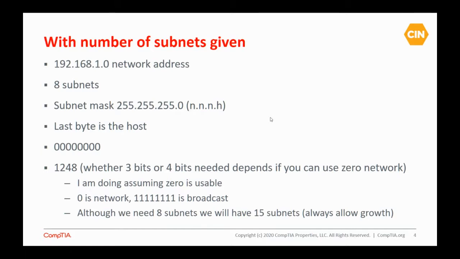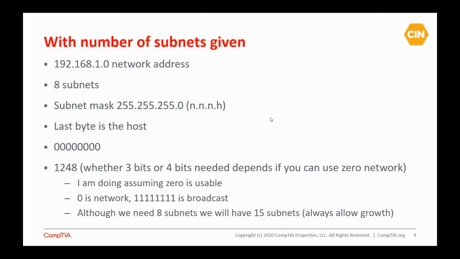Okay, and one of the factors that will come into play is whether you can use the zero network. Well, I'm going to go ahead and borrow 4 bits, which will definitely cover our 8. It'll actually give us 15 subnets.